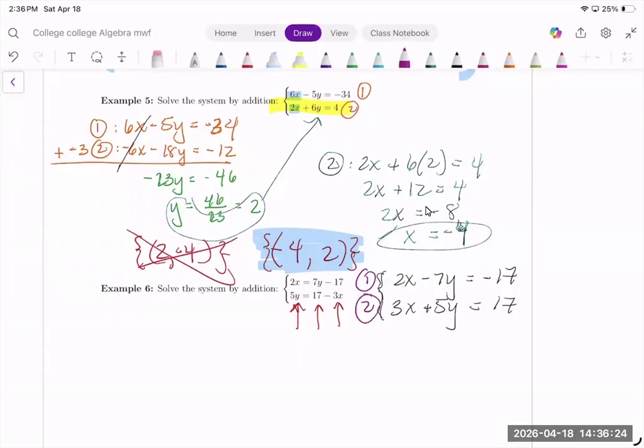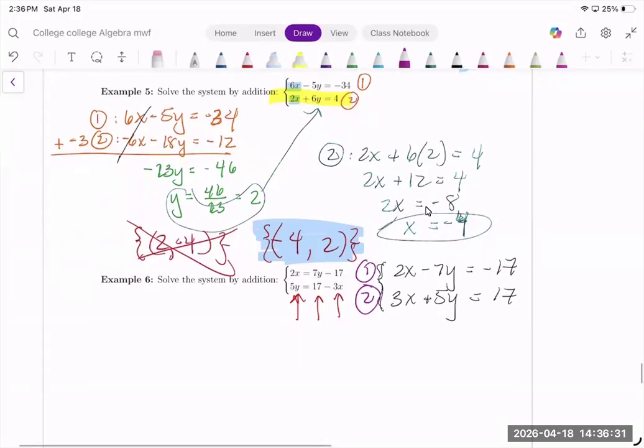Now I'm looking, and we say again, okay, I want a variable to disappear. I'm just going to go with the lower numbers with x, 2 and 3, smaller than 7 and 5, so that things just end up a little smaller.